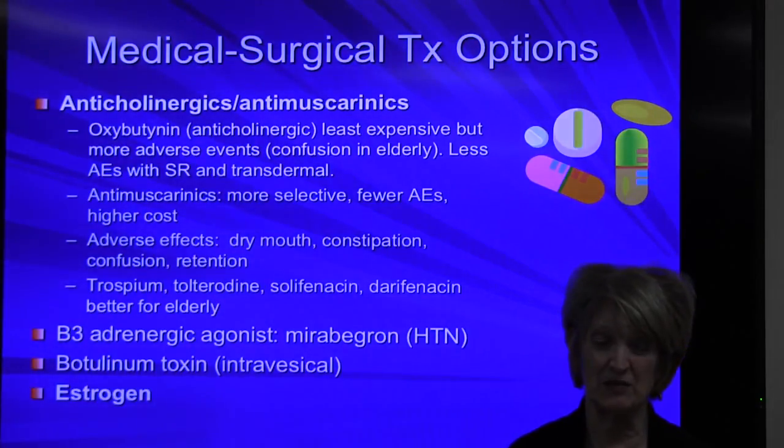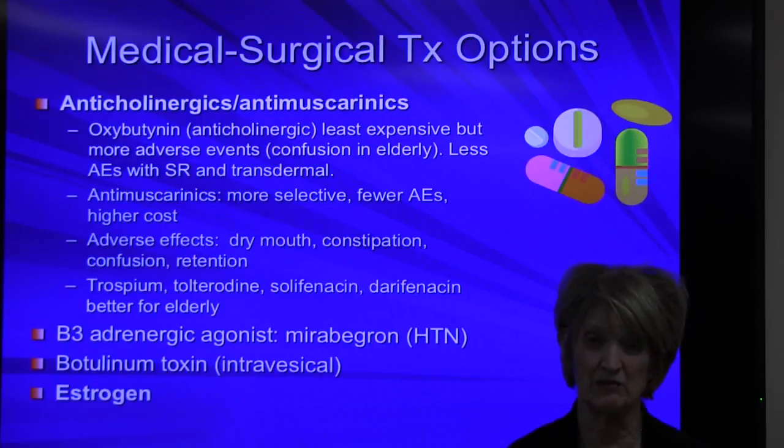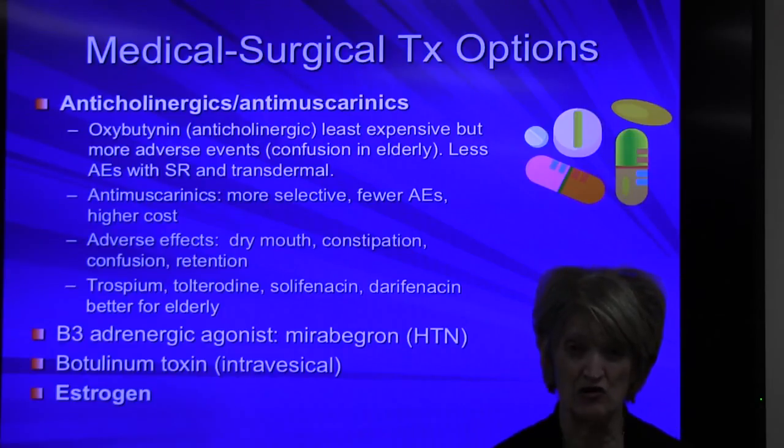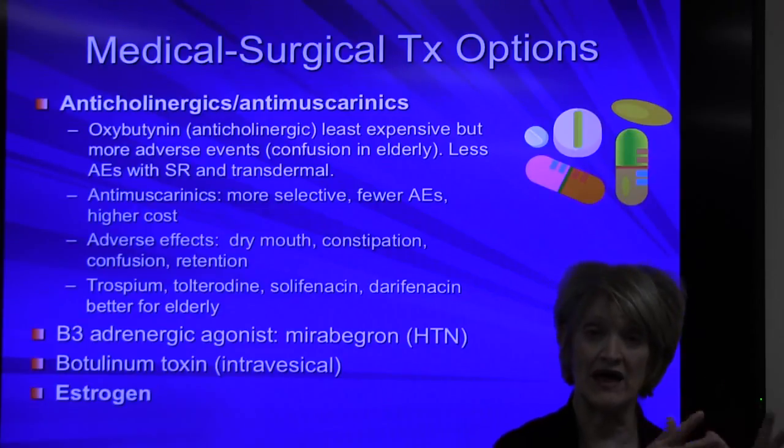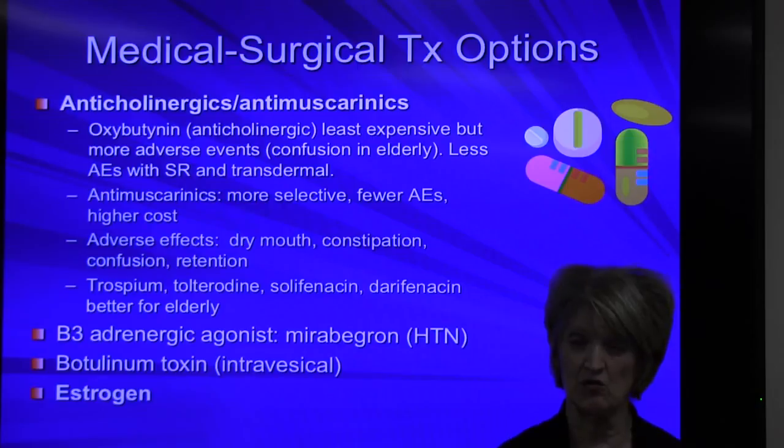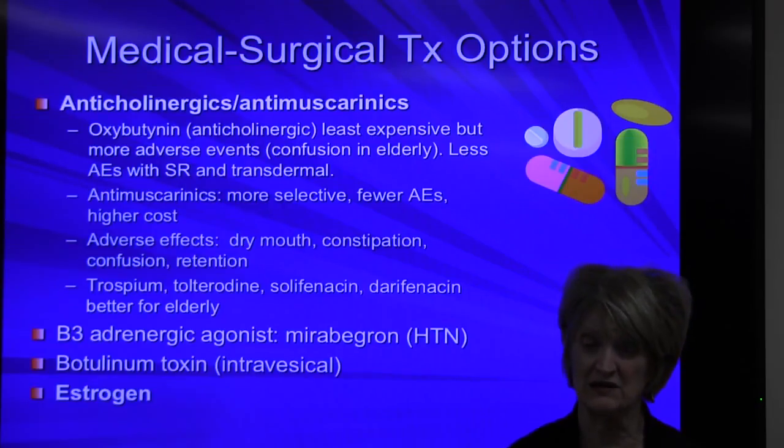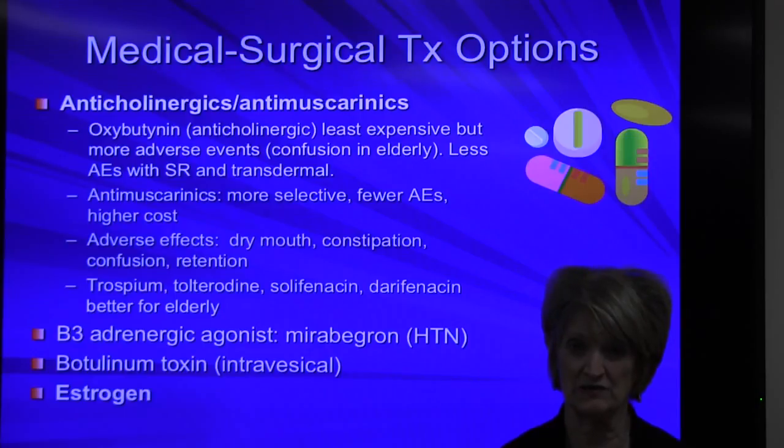Cholinergic agents make the bladder contract. Anticholinergic agents make the bladder relax. The specific type of cholinergic receptors on the bladder wall are muscarinic receptors. So anticholinergics will cause bladder relaxation. Antimuscarinics will cause bladder relaxation.